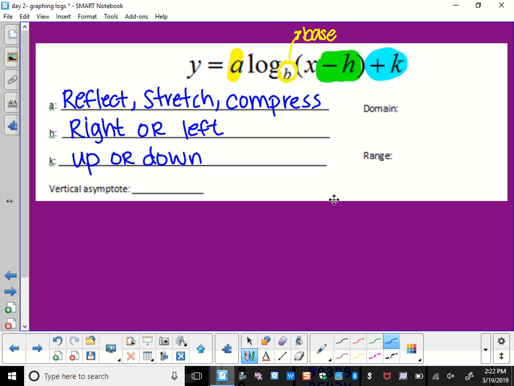All right, and vertical asymptote. This part is important because you may have to memorize this, which means you have to study it. Your vertical asymptote is x equals h. So that's a major difference. With exponential graphs, our asymptote is that last number. When we have logs, my asymptote is the opposite of what's inside the parentheses.